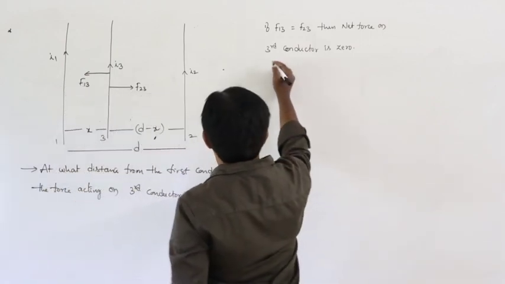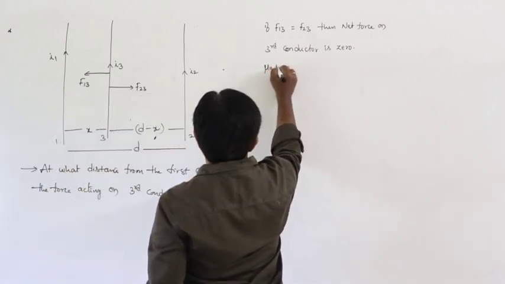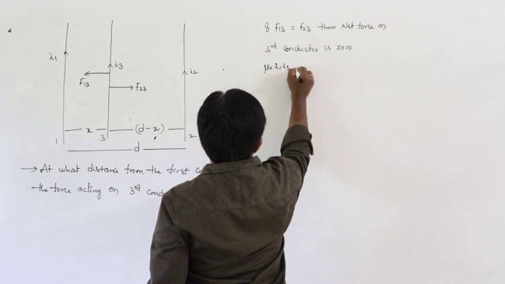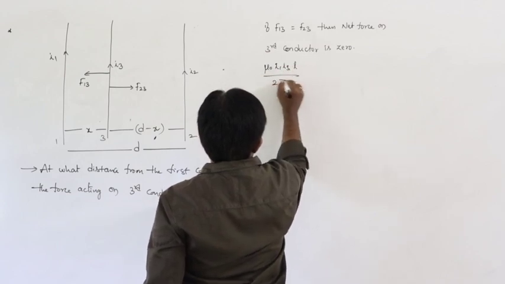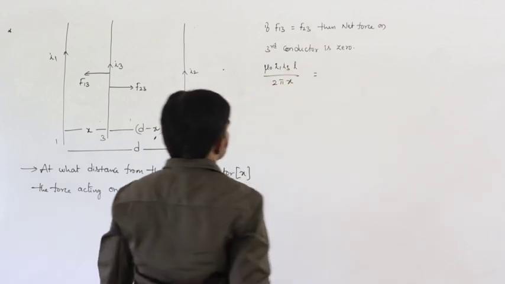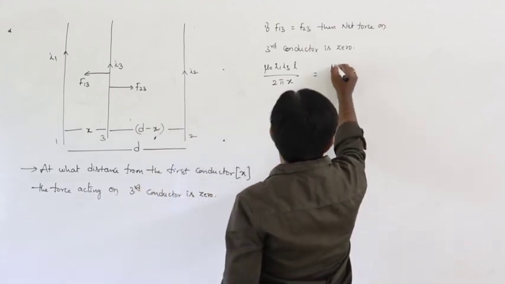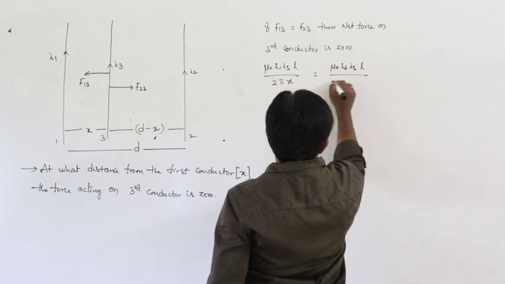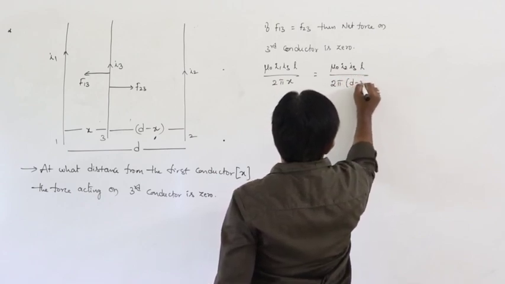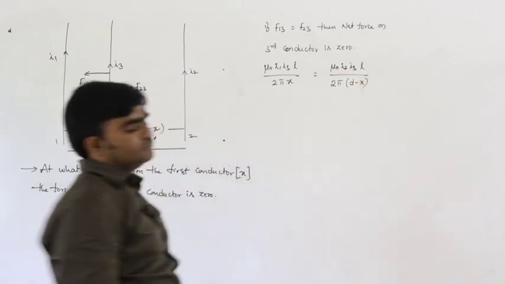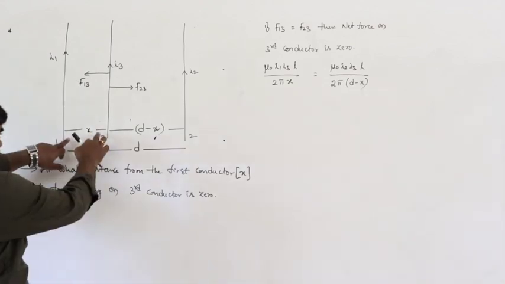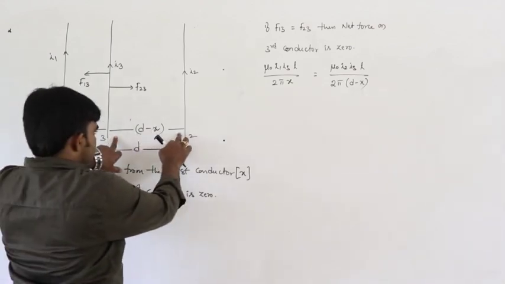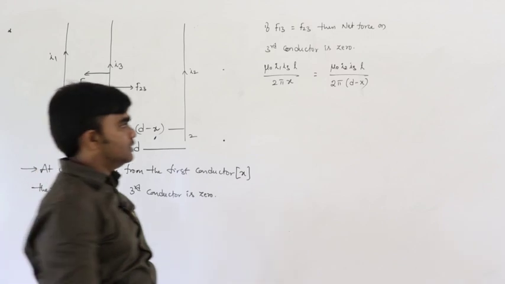Therefore, F13 we can write as mu naught I1 I3 L by 2 pi x. Next, F23 we can write as mu naught I2 I3 L by 2 pi into (d minus x). Here the distance between these two is x and the distance between these two is d minus x.